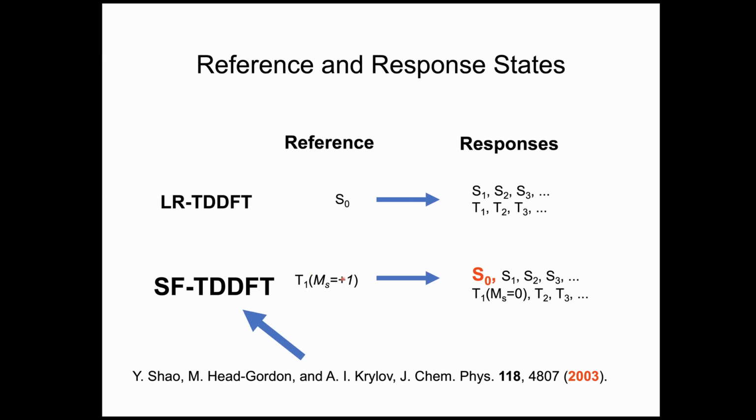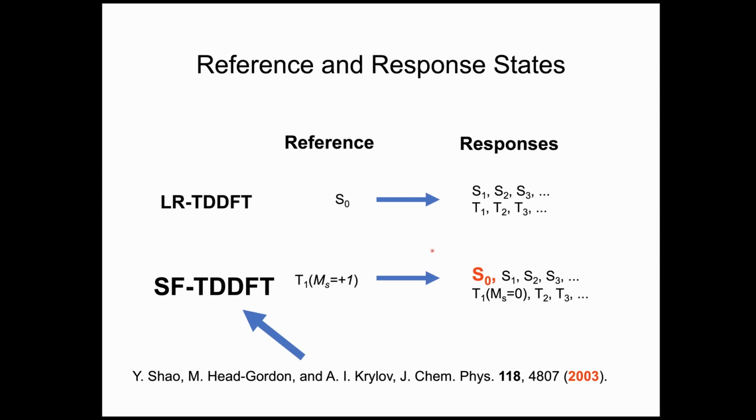The idea is very simple: you have a T1 state, which is alpha alpha, and then you flip one of them to beta. Is that what's really happening? No, it's not. This is just a methodological excitation. Just think about it that way. You flip one of them to beta, and then you excite to any orbitals. That's what it does.